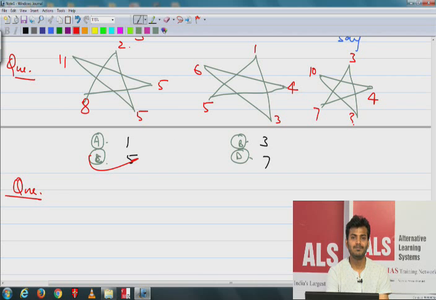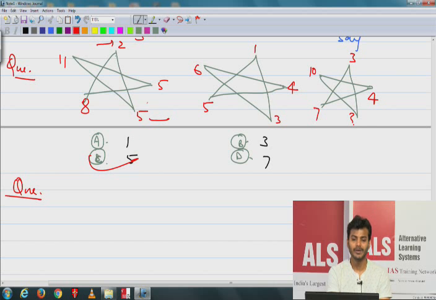2 plus 5 gives you 7, right? Minus 2 will give you 5 again. So what we are doing is we start from here, add these two numbers, and then subtract 2. So 7 minus 2 is 5.